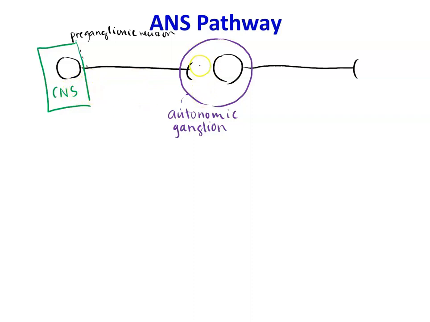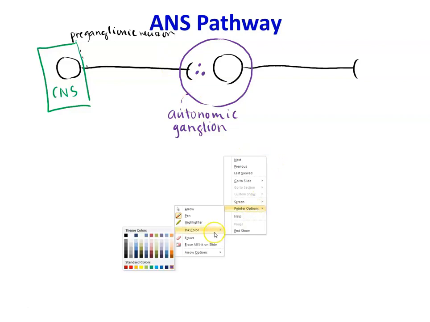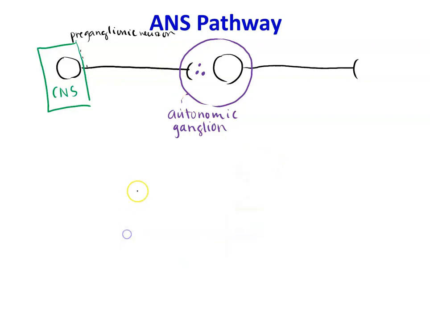This is where neurotransmitters are secreted from the preganglionic neuron, right? And then bind to receptors on the, what are we going to call that? Second neuron. Yup, postganglionic neuron. And that's your neurons in a series.